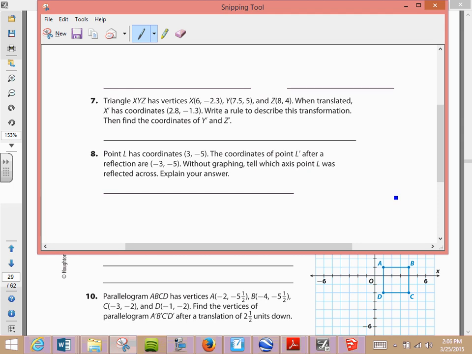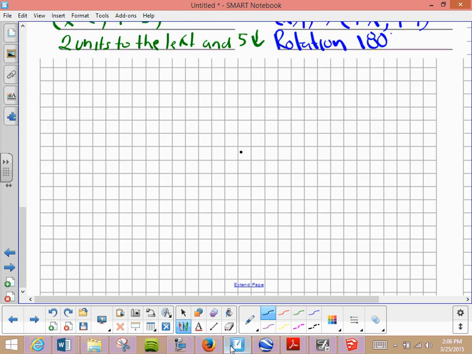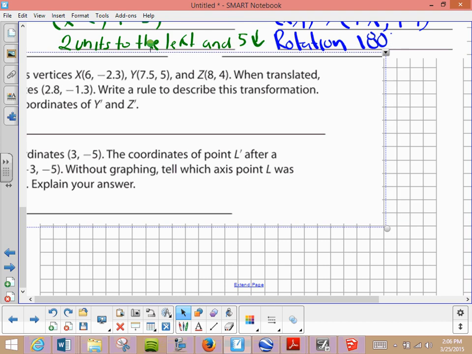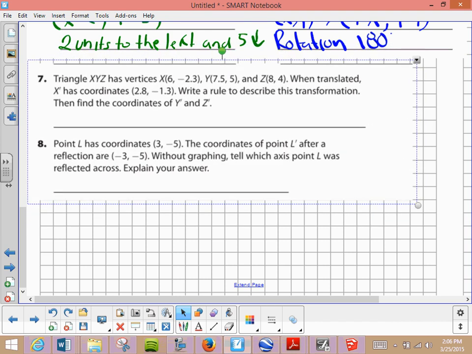So I need you to notice that your patterns are not working so you can change them.